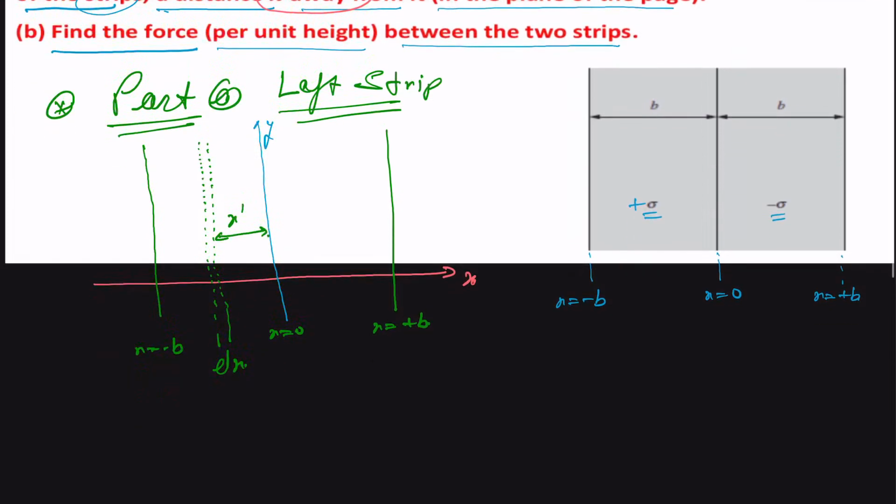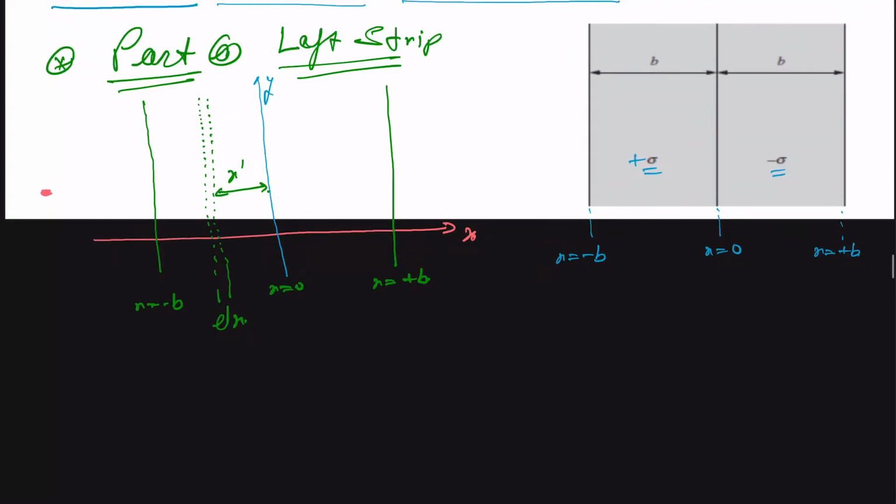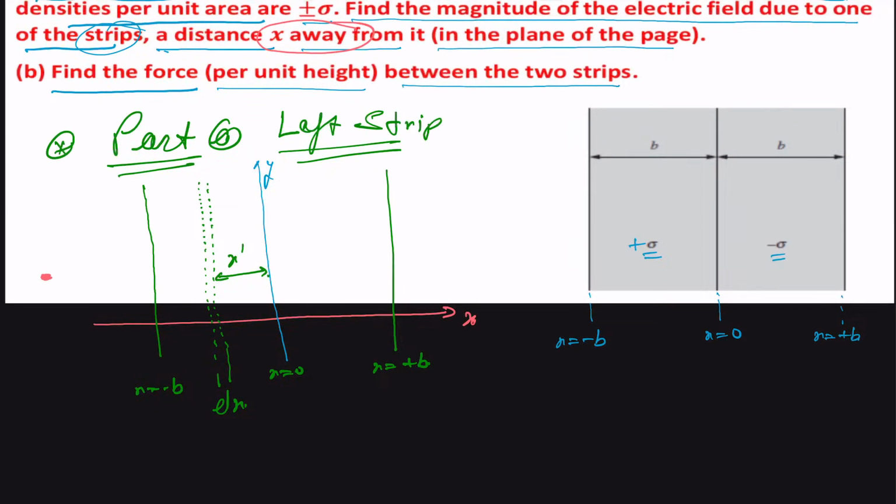So let us assume that the position of this x is somewhere here, and this is our x.